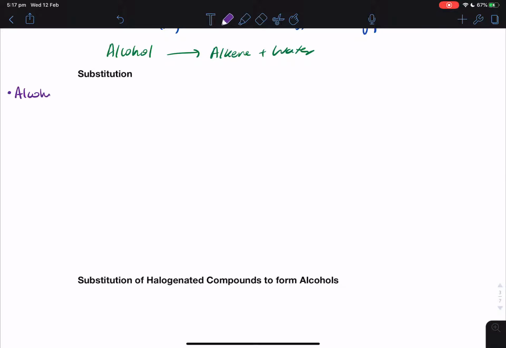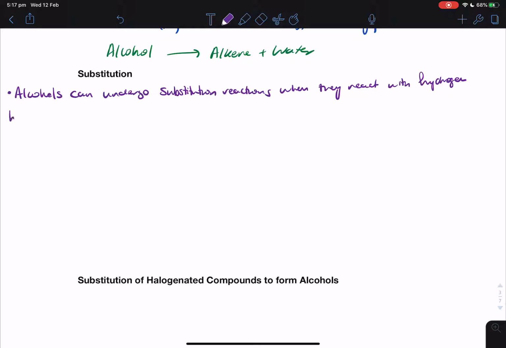Alcohols can undergo substitution reactions when they react with hydrogen halides under an acid catalyst.